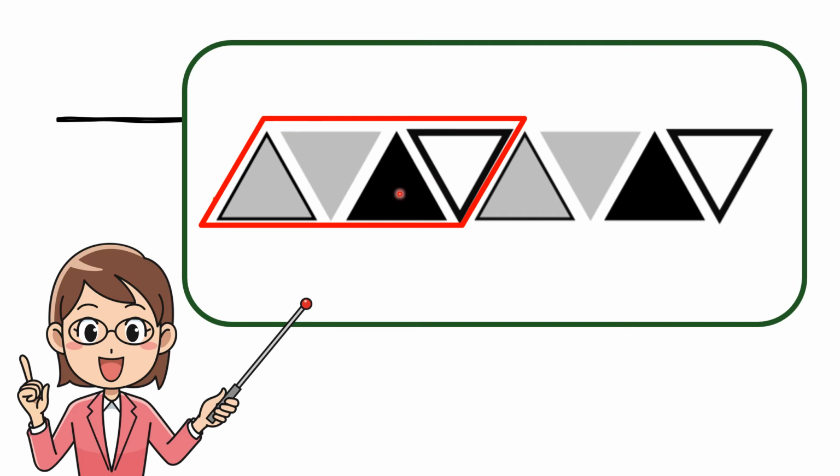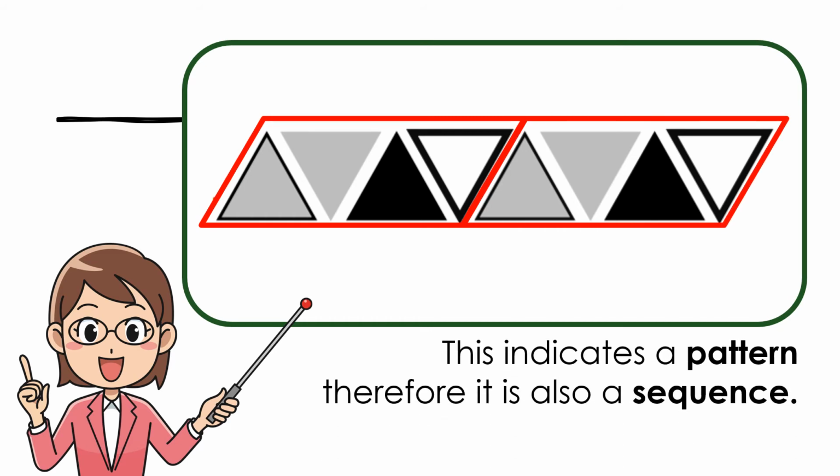The third triangle has a bold outline and a darker shade. The fourth triangle has a bold outline but doesn't have a shade. And the arrangement goes repeatedly. Therefore, this indicates a pattern and it is also a sequence.